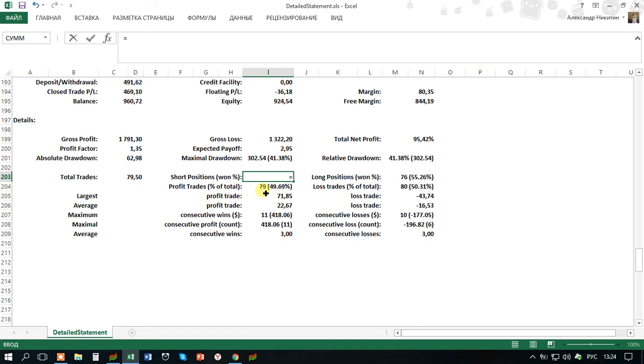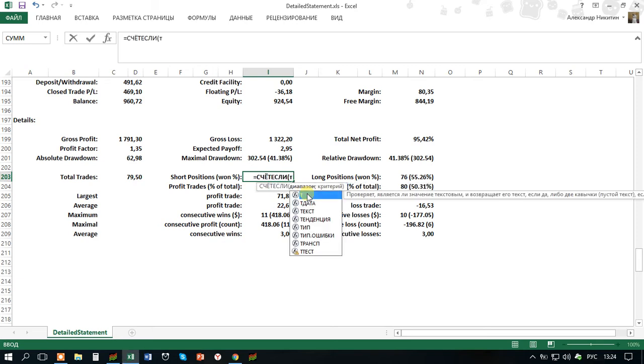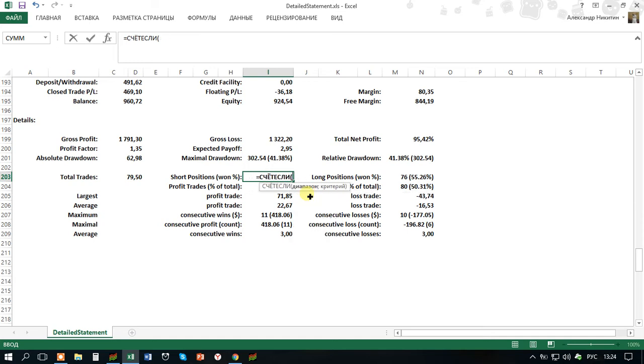So it equals this. The range is from N2 towards N160, like this. This is the range. And the criteria is more than 0.